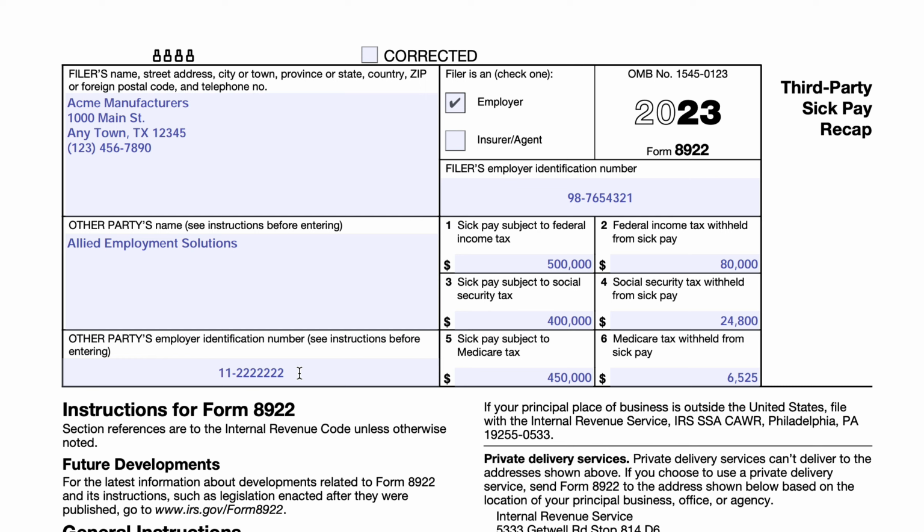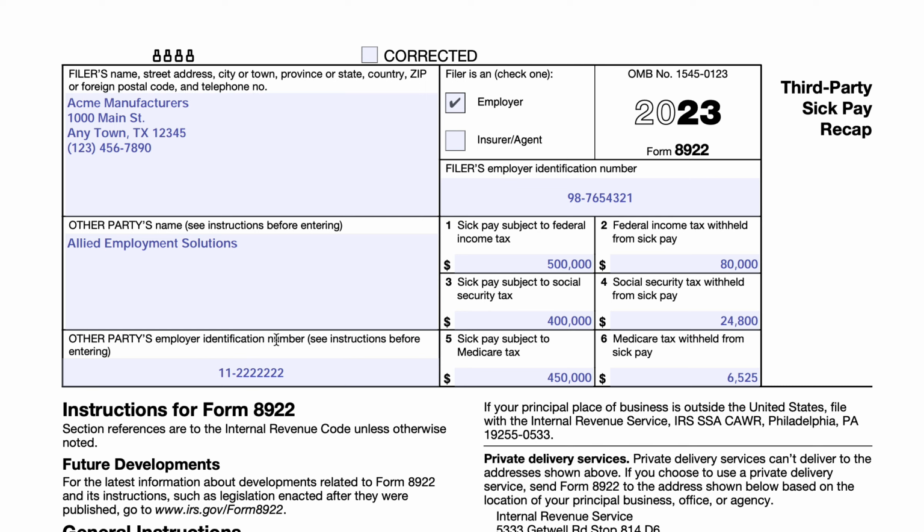So make sure you're consistent with the way it's supposed to be. If you're the employer, put your information here, your tax ID number, which should be your employer identification number in this field, and then the third party there.